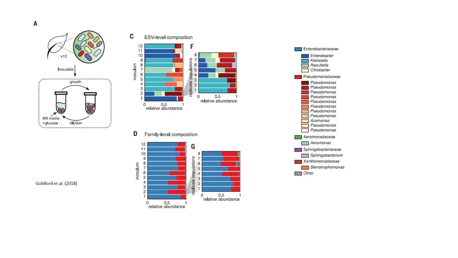They did several passages, and after several passages, what is the composition? And of course, across communities, you see a diverse composition. I guess this would be expected, even though if you go at a higher taxonomic level, you see there is a consistency between the taxonomic distribution.